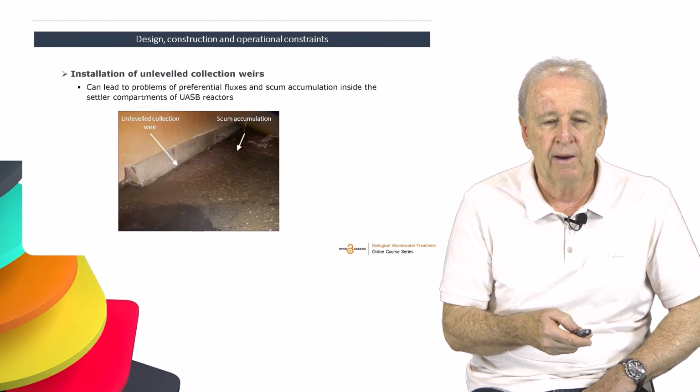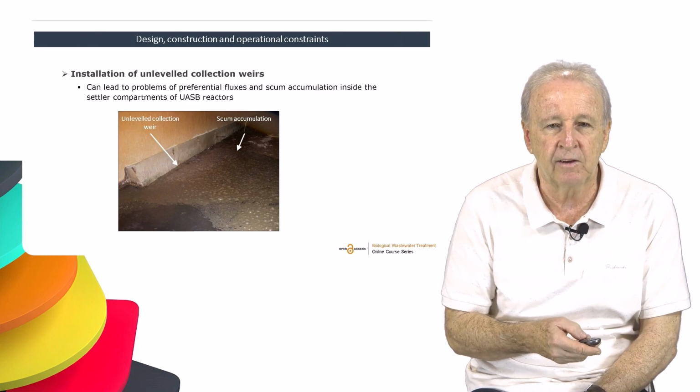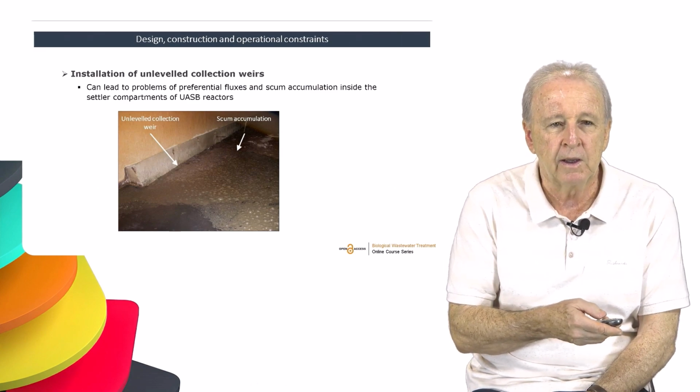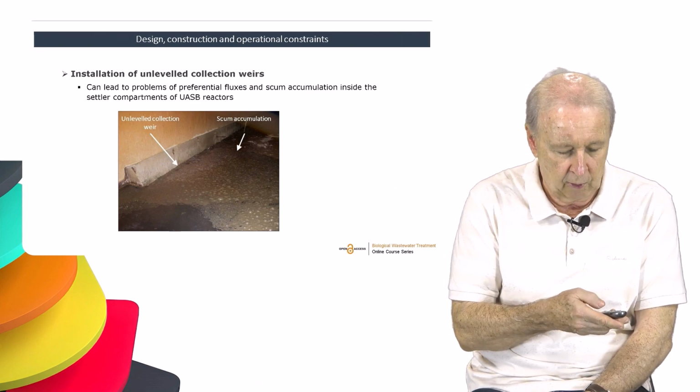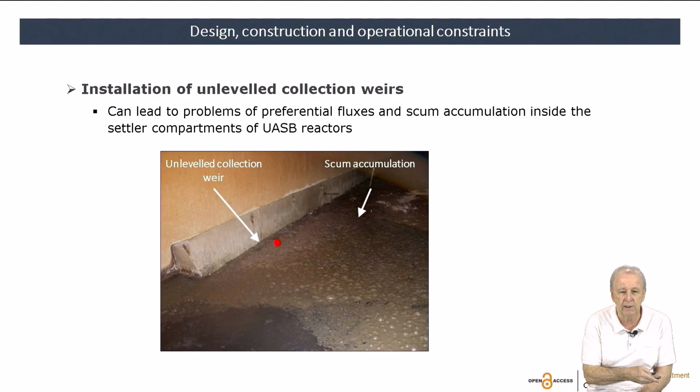Another problem that we have been detecting in practice is the installation of the collection weir. Here we can see the collection weir that has no baffle, but we can see that a lot of scum is accumulated here. And why is that? Because the weir was not installed in the right position, in a leveled position.